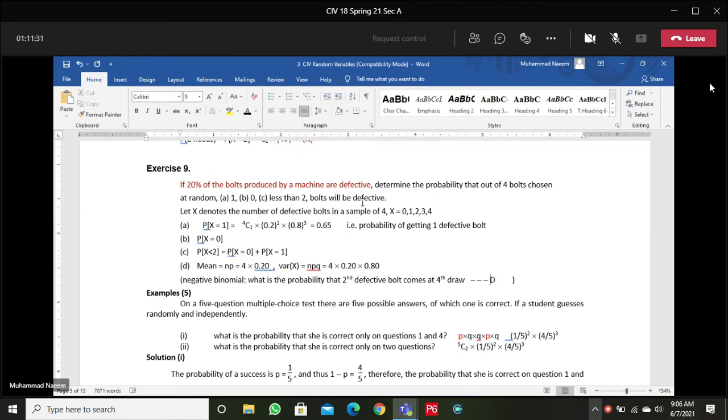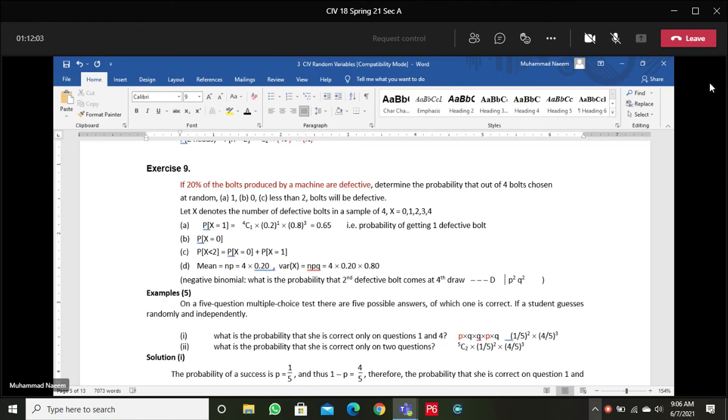How these outcomes are, we don't bother. But we know that these three contain one defective and two non-defective, and we get the second defective at the fourth draw, and we stop there. So what is the probability? We have P power 2 and Q power 2.